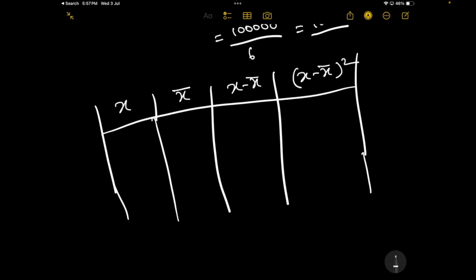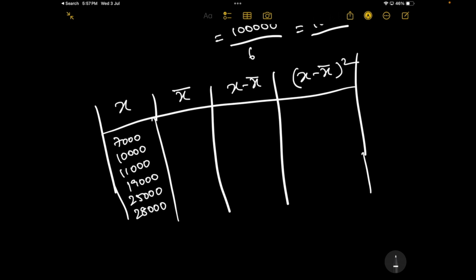Now take every value: 7,000, 10,000, 11,000, 19,000, 25,000, 28,000. These are our x values.